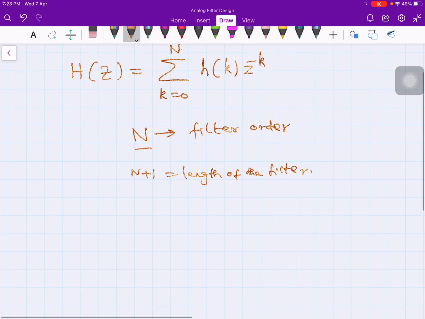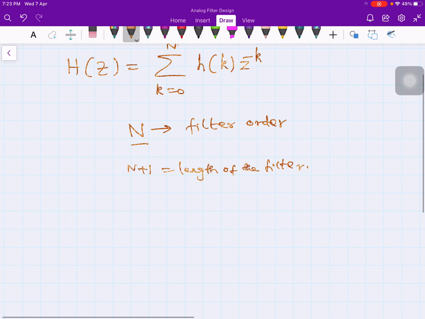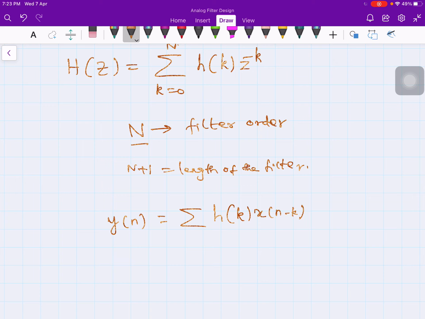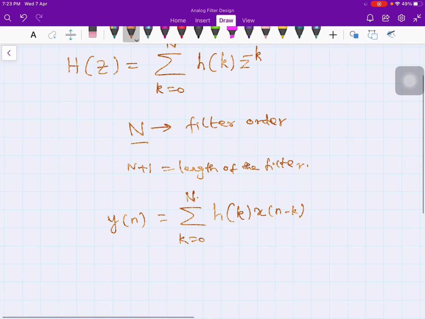And this is very straightforward, and you can see that y(n) is equal to summation h(k) x(n minus k), k equal to 0 to capital N, the order of the filter.